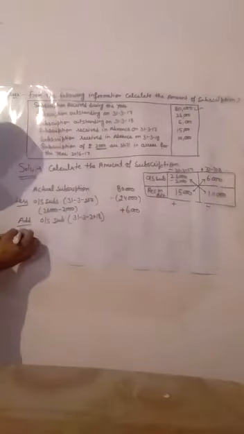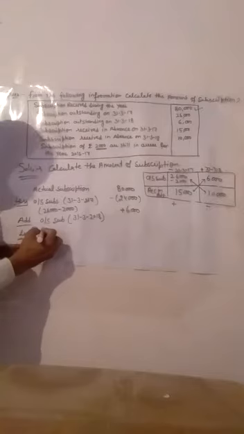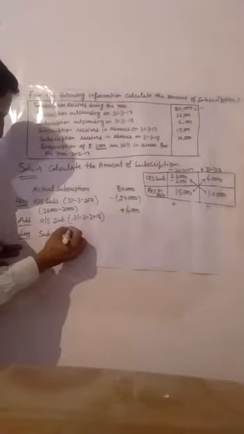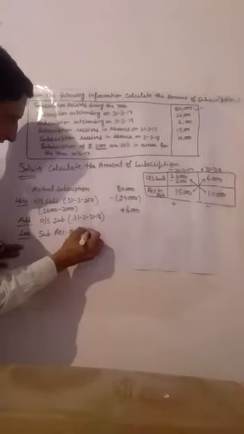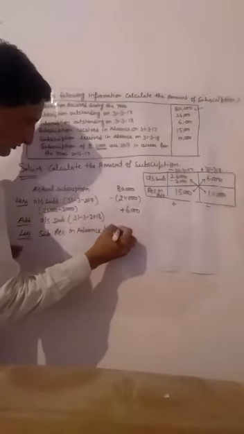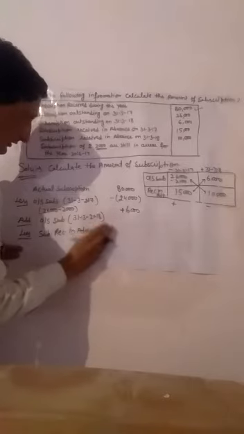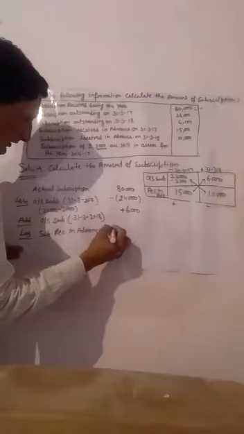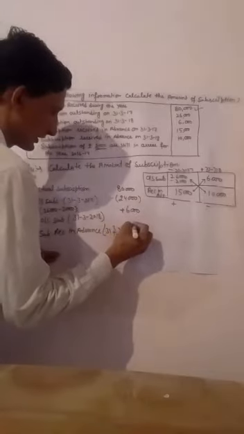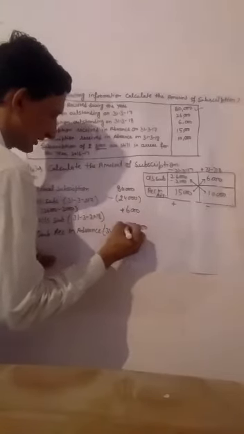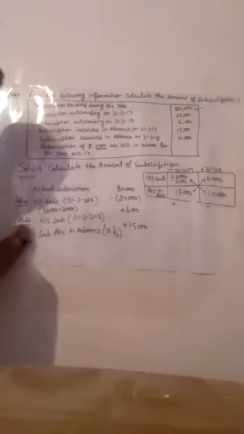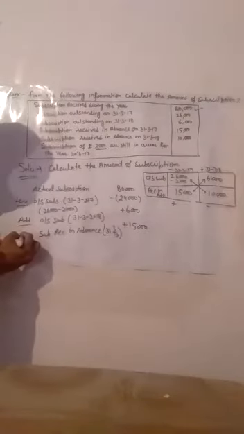Then again less subscription received in advance, the value of 31st March 2017, that is 15,000. That will be plus.